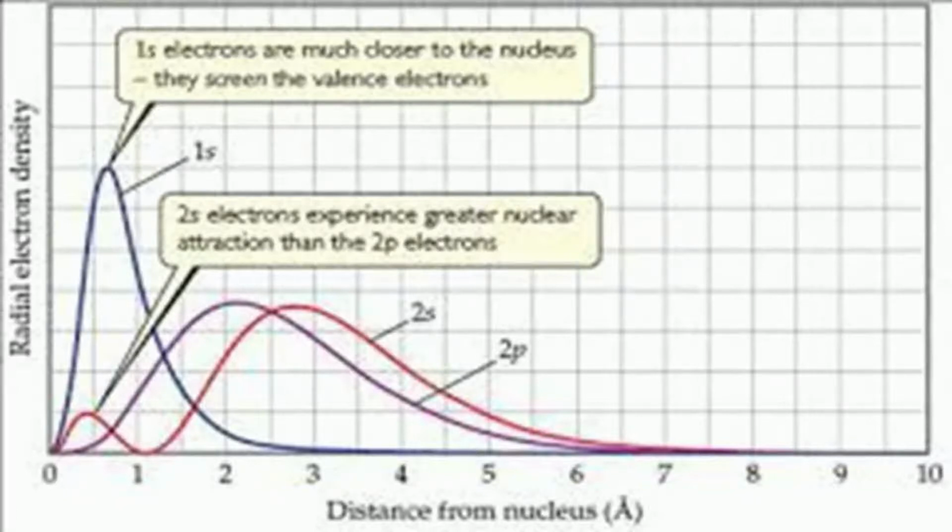If you see the third orbital, that is the 2p orbital, at the nucleus there is no chance of finding the electron, but near about 2 angstrom unit, there is a maximum chance of finding the electron in the 2p orbital. Slowly its probability of finding an electron decreases, and at 6.2 it becomes 0.